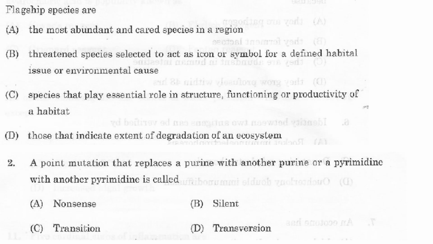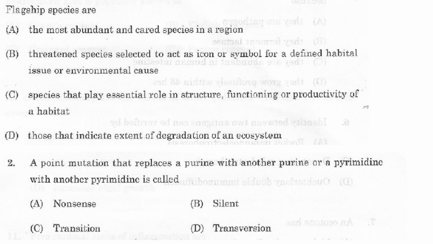So first question, flagship species. The most abundant and cared species in a region, that is not the correct answer. Threatened species selected to act as an icon or symbol for a defined habitat, issue or environmental cause, that is the correct answer.